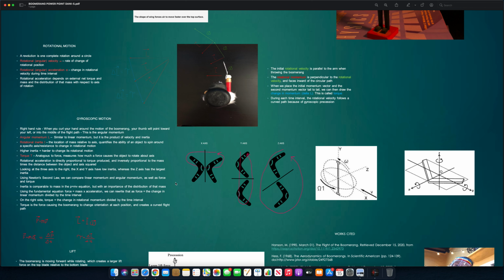So looking at the three diagrams to the right, we have a couple different axes. We have the X, Y, and Z. If you're holding your banana boomerang, for the X, you hold it straight in front of you up and down and then turn it. That's one way. And then if you hold the banana again and turn it the other way, one way is vertically and one is horizontally.